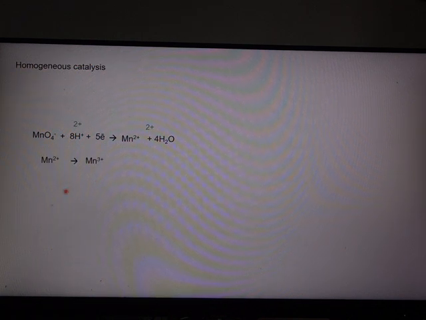Okay, Mn2 plus, that's going to react with this, turns into Mn3 plus. So you add 1 electron. Then you look at the lowest common multiple, which is 5. So the bottom one, this one is going to be multiplied by 5.